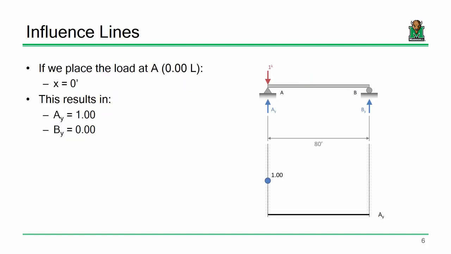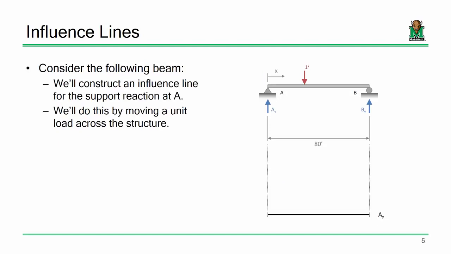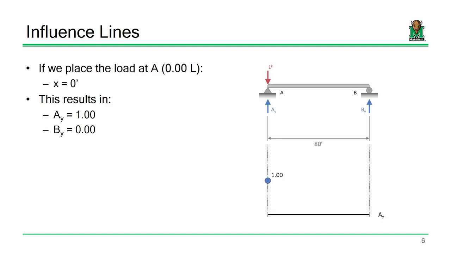So let's start off with something pretty basic. If I take a single unit load and I put it all the way over here, the reaction here is going to be 1, and there aren't going to be any force over here at all. That's going to be 0, right? So I propose that at the very beginning of this influence line, if I say that x begins here, at x equals 0, that value is 1.